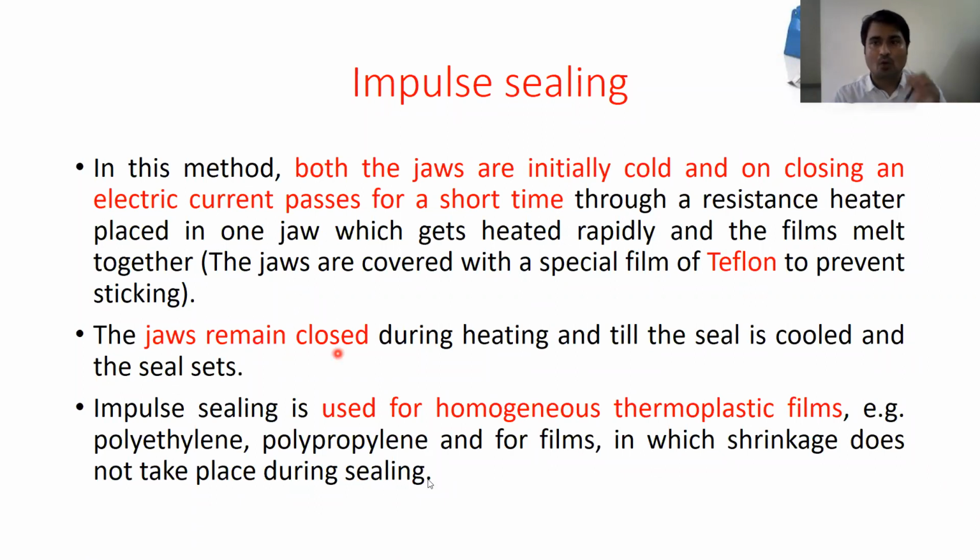One of the jaws, you can see here. So this is the impulse sealer. Here also we heat only one jaw, meaning an electrical heater will be there. Top and bottom we apply pressure. Over the electrical heater, one Teflon coating will be there.